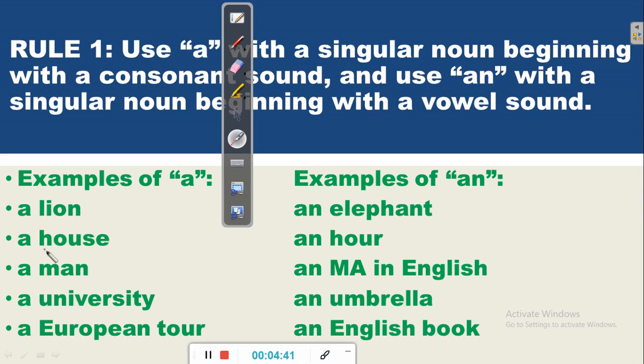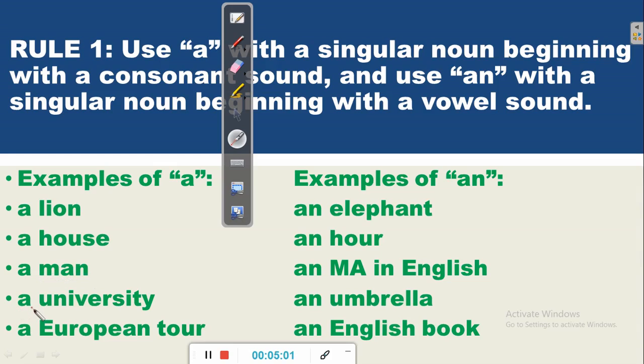A house, because the word house begins with the consonant sound H. A house. A man, because the word man begins with the consonant sound M. A man.